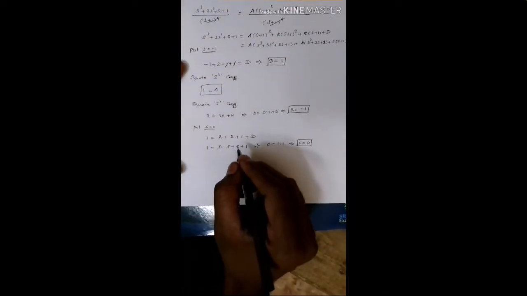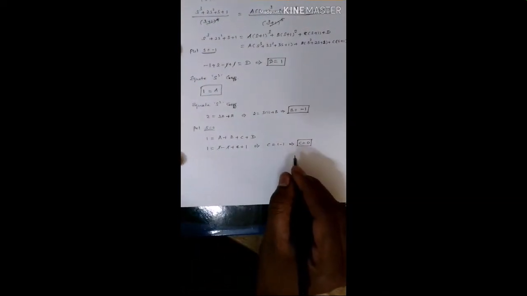So now we got all the constants. Just substitute all these constants in this equation. Take this as equation number 1. Substitute the a, b, c, d values in equation number 1.